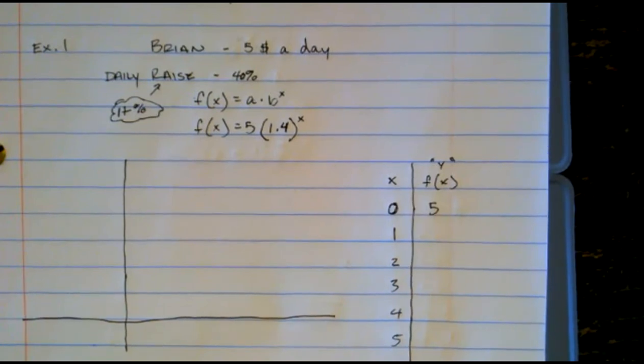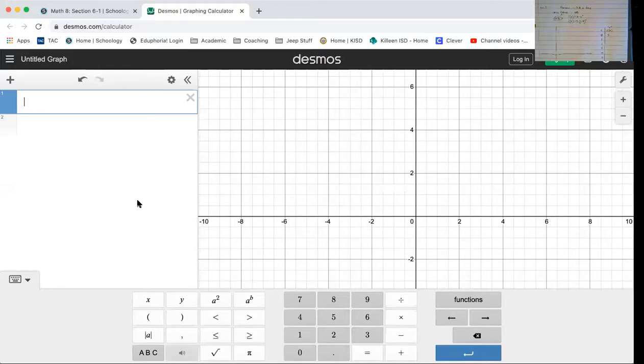I don't have one handy at the moment, so we're going to use Desmos, and it works the same as far as how we would enter it. So I'm going to put 5, and I'm going to multiply that by 1.4 in parentheses and close those parentheses, and I'm going to hit this button here so that I can just start plugging in.